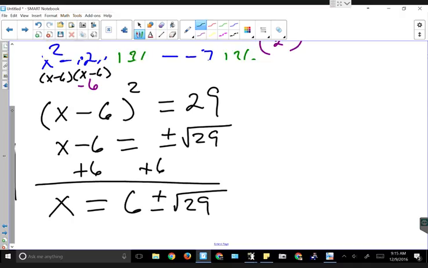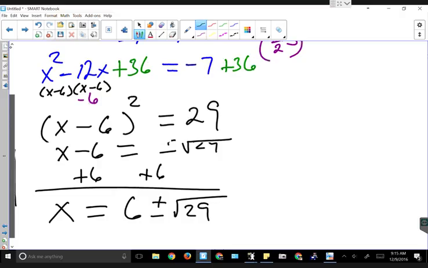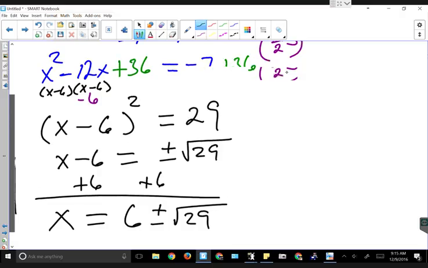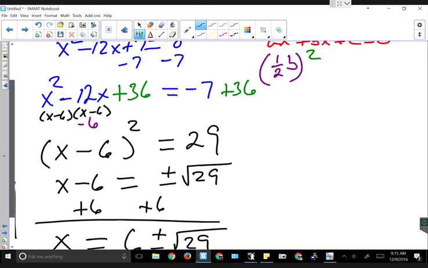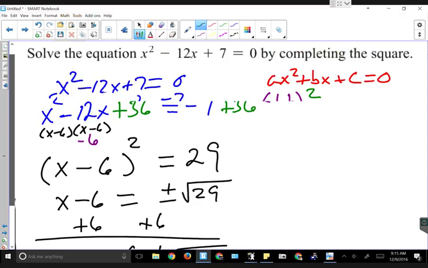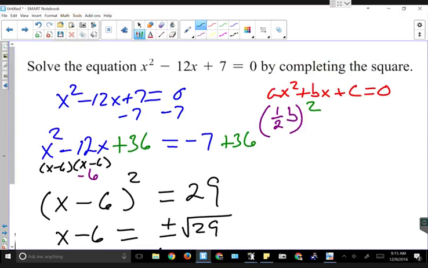Now, if you had gone through this and actually tried to graph this and see where it equals 0, you would get some really strange looking numbers. So if I were to go through and do that, let's see where we go.